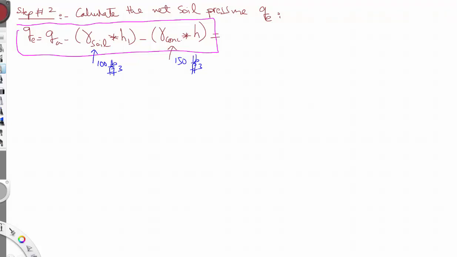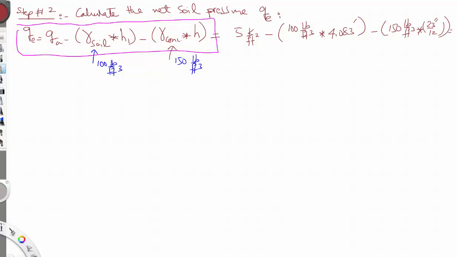Anyway, to calculate this, QA is equal to 5 kip per square foot minus the soil, which is 100 pound per cubic foot multiplied by H1, which we calculated to be 4.083 feet, and the concrete is 150 pound per cubic foot multiplied by H, which is 23 inches divided by 12.